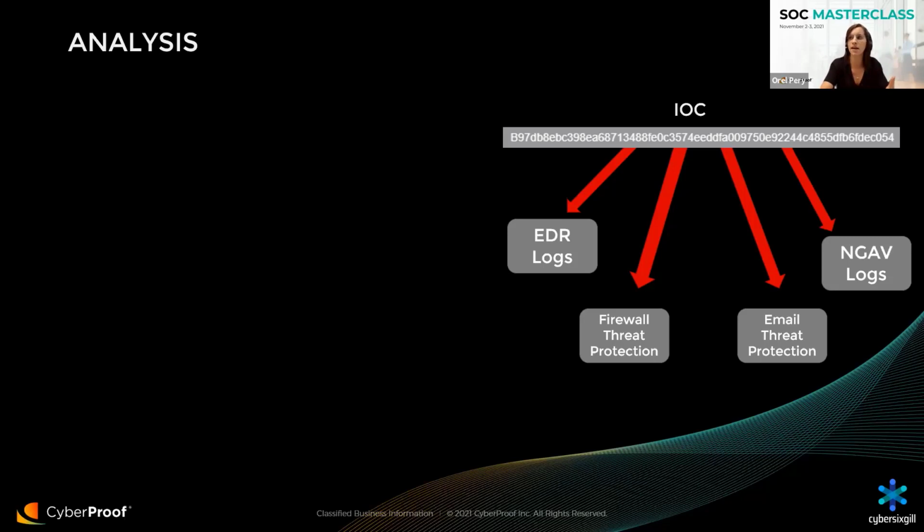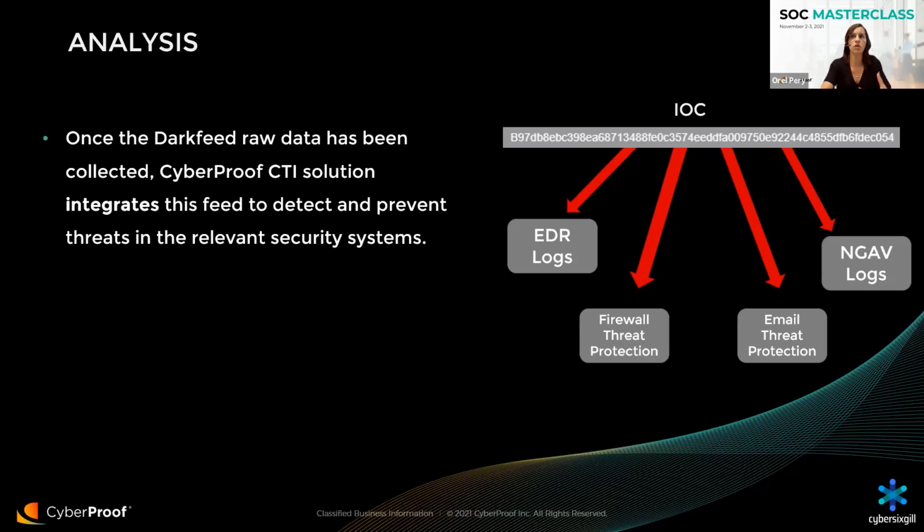The first one is EDR, the second is the firewall threat protection, the third is the email threat protection, and the last one is NGAV logs. Okay, once the dark feed raw data is being collected, the CyberProof CTI solution integrates this feed to detect and prevent threats in the relevant security systems.